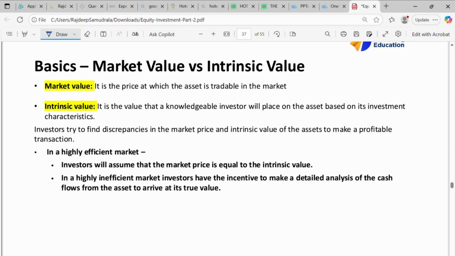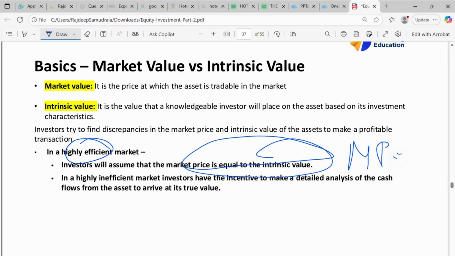Correct? And obviously, many times, intrinsic value can also be determined as total assets minus total liabilities. If I divide by the number of shares, I'll get the intrinsic value per share. Clear? So intrinsic value is the value of the shares based on the knowledgeable investors' perception. In a highly efficient market, this is critical, the market price will always be equal to intrinsic value.